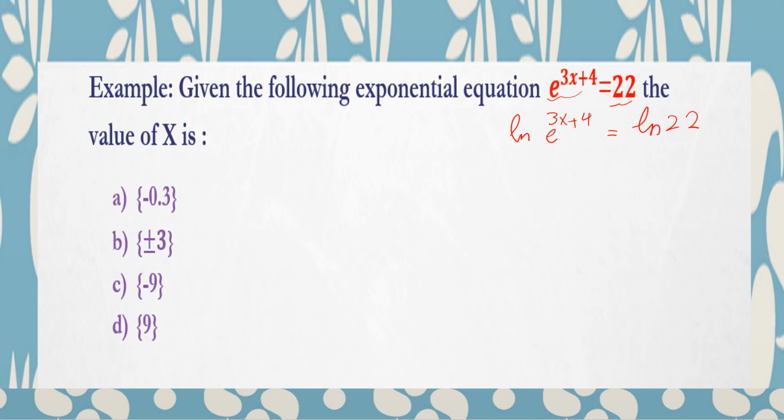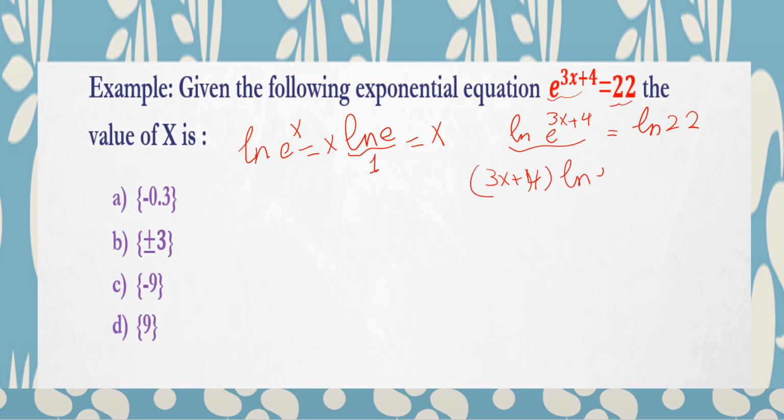And again, by recalling the property, ln e power x means x ln e, and ln e equals 1, so 3x plus 4 equals ln 22.